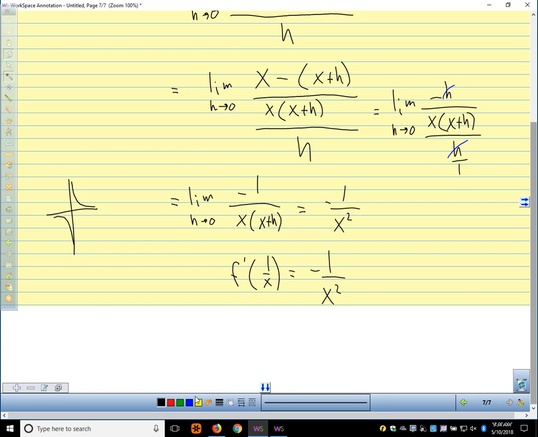The limit as x approaches infinity is 0. And as x approaches infinity here, the slope approaches 0, which makes sense. Almost horizontal. Not quite, but almost. All right. Questions?